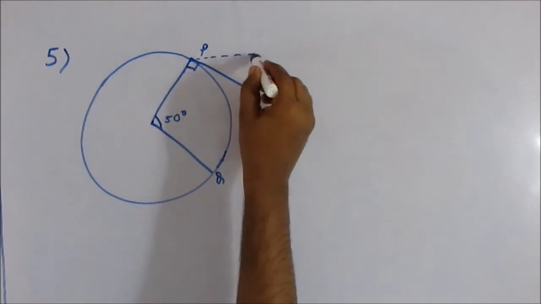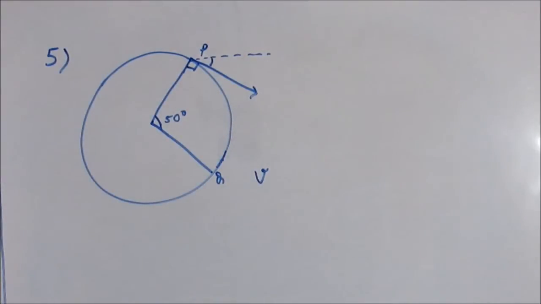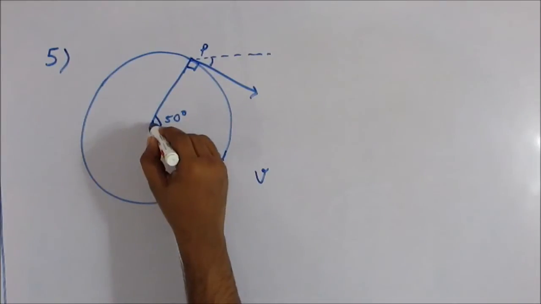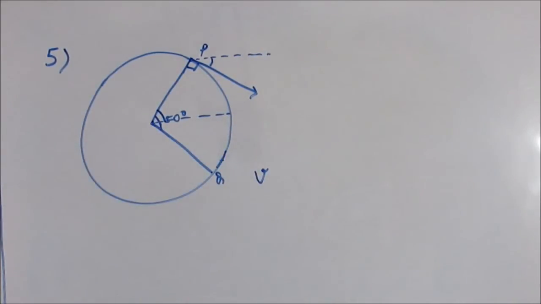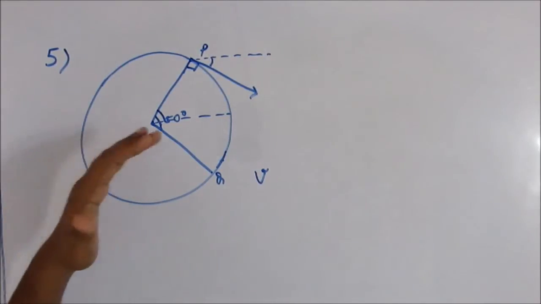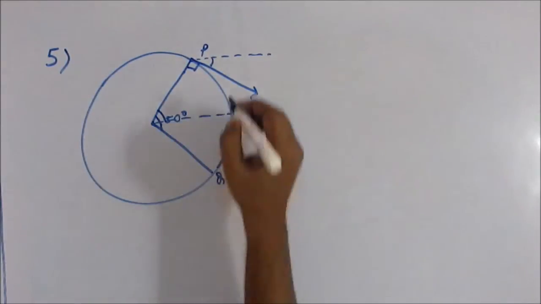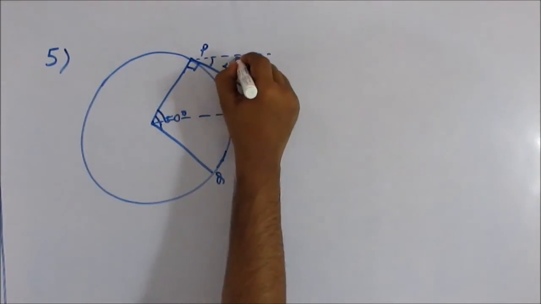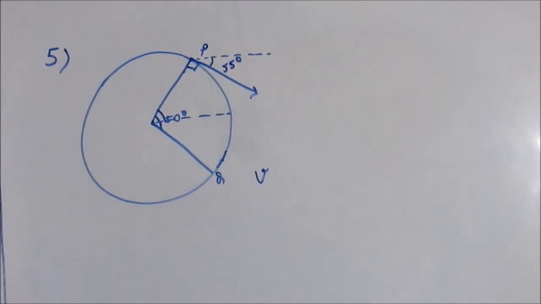So this angle, using very basic geometry, I'm sure you must have found, is 25 degree, because I told you P and Q are placed symmetrically with respect to origin. So this angle is 25 degree, so this angle would be 55 degree. If you use very basic geometry, you will get it.